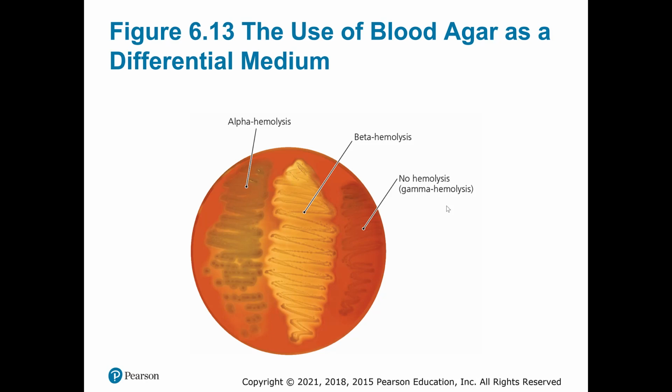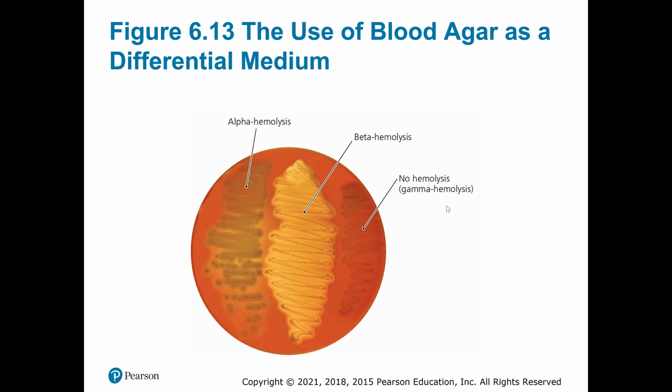There are other examples of differential media, but this is a type of medium that allows a lot of different things to grow on it, but there's something in the medium that the cells can metabolize, and depending on what species of bacteria you are, you might metabolize whatever's in the plate a little bit differently from other bacteria, and you can visualize those differences. So differential media allows you to tell the difference among different bacteria that grow on the plate.